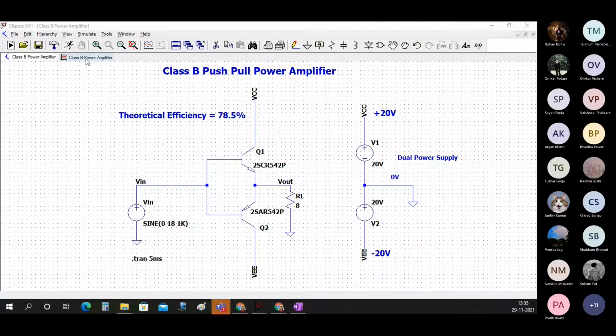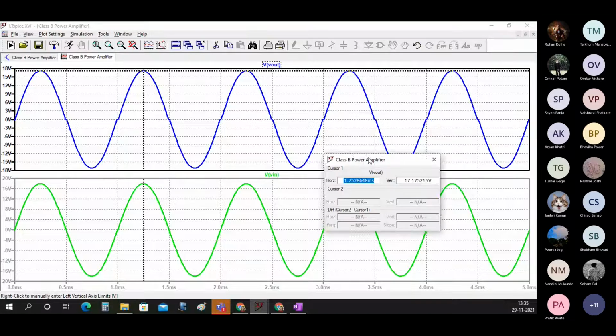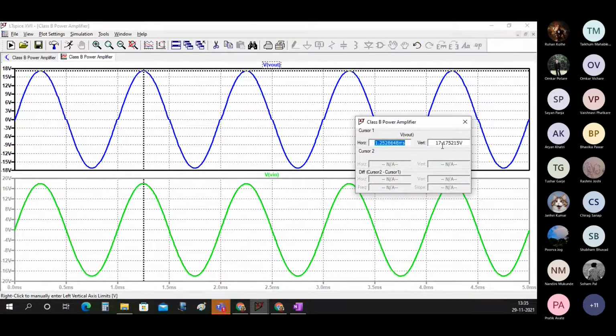Now let's observe some things. This is your input, and the input is from 0 to 18 volts, swinging in the positive and the negative direction. So the peak to peak is around 36 volts. If you see V out, the peak voltage is 17.17.